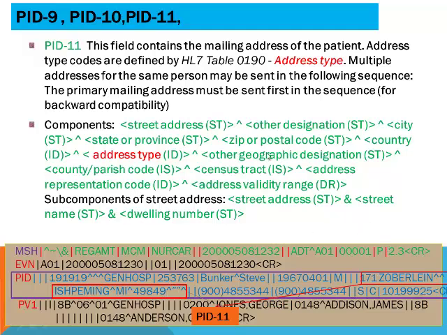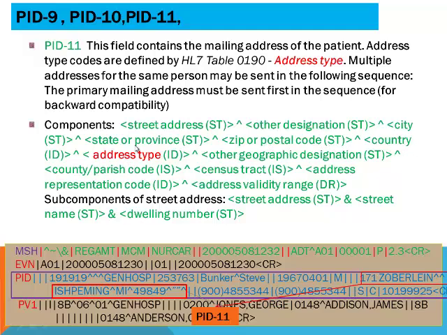So the grammar of the mailing address is as here. It is composed of mailing components, for example, street address, then other designation, and city, state or province, then zip or postcode, country.